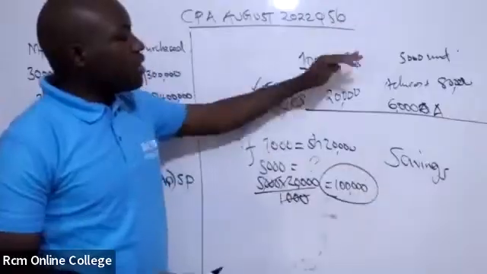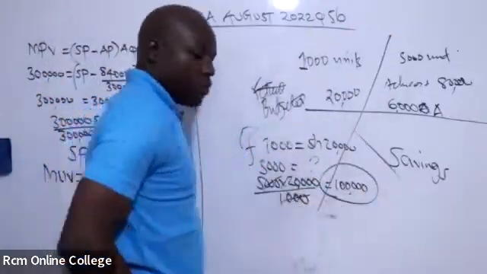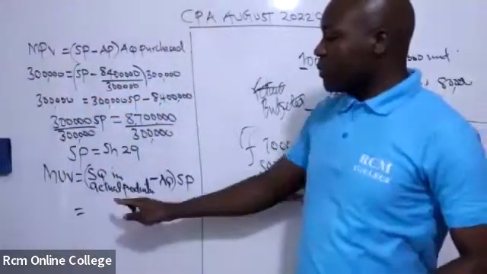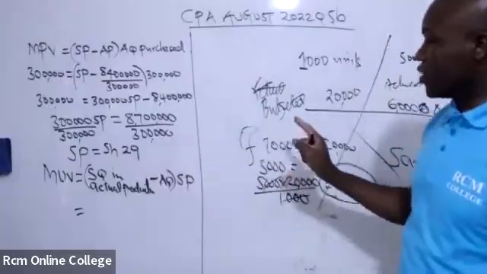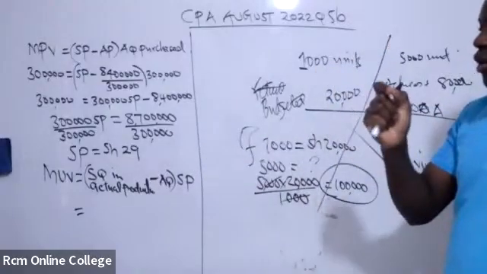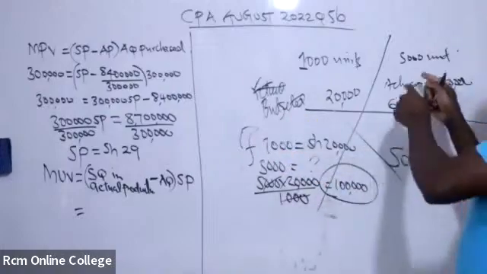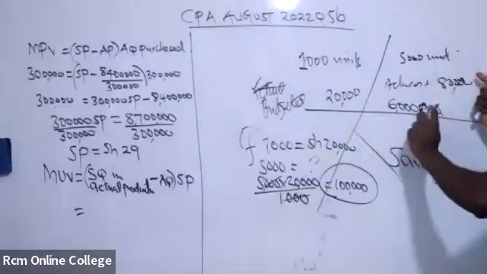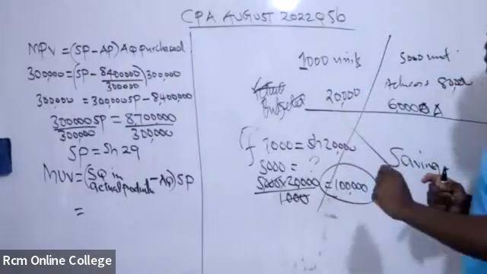So it is because of this effect. In other words, instead of following all this long procedure, we summarize it by coming to this part and saying it is the standard quantity in actual production. How many units did we actually produce? We multiply by the standard budgeted cost, which gives us budgeted cost of 100,000.